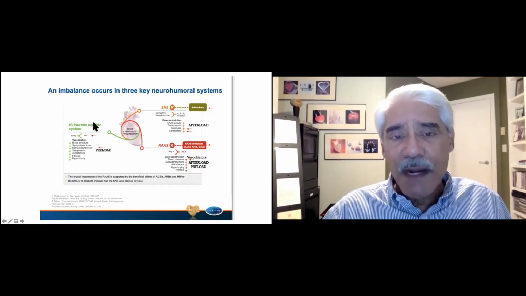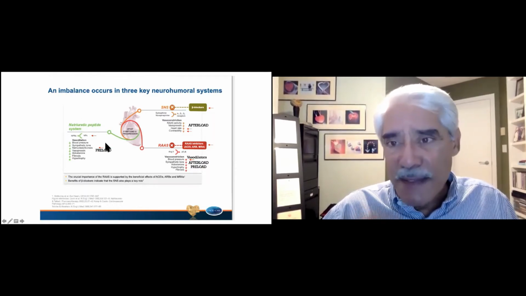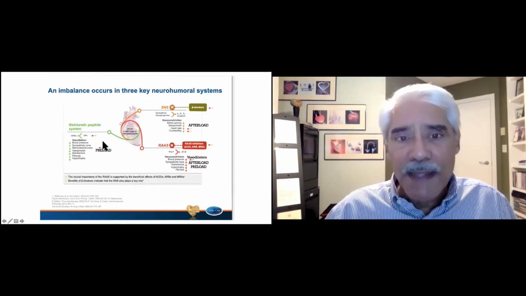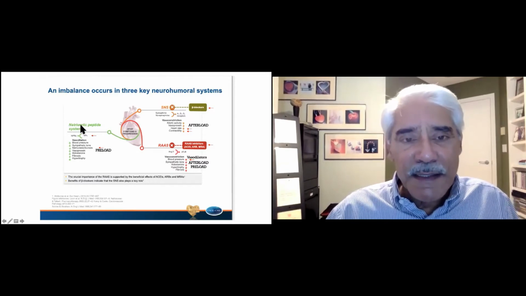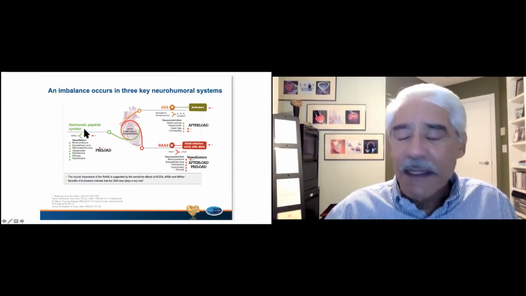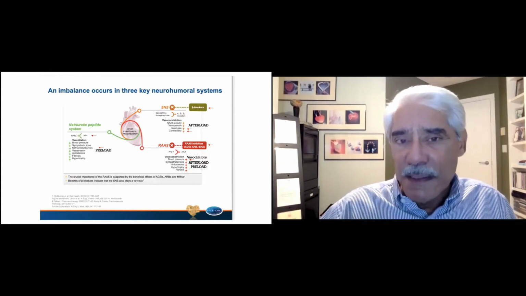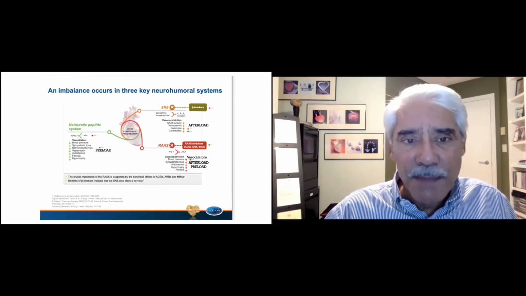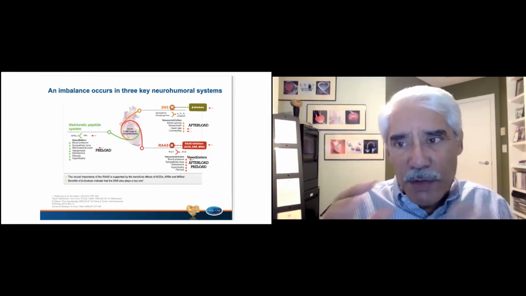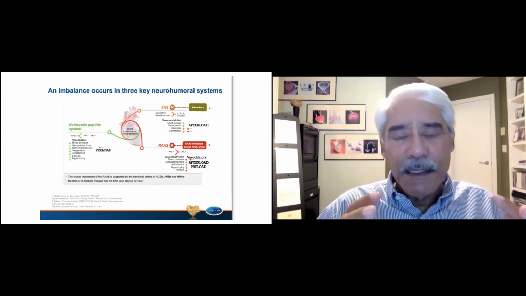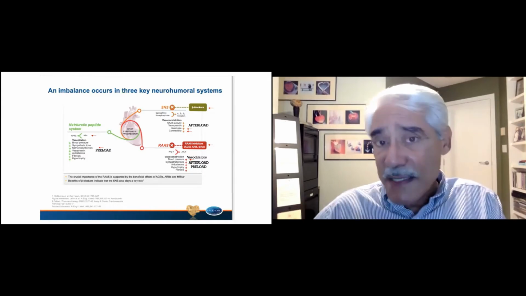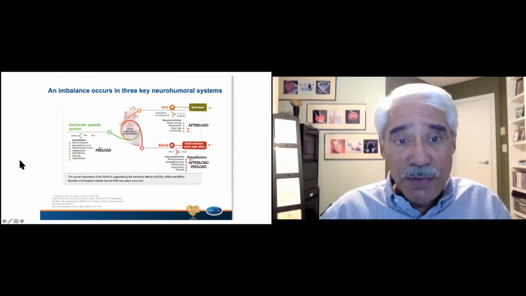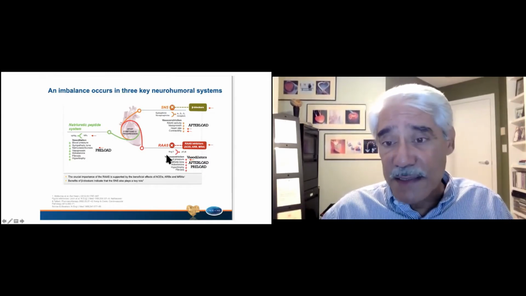What we have in our body is a counterbalancing system. And that counterbalancing system is the release of natriuretic peptides, the BNP, the ANP, and C-type NP. These are the natriuretic peptides, and they are a counterbalancing system to the RAS system. So they do exactly what the RAS system does not do.